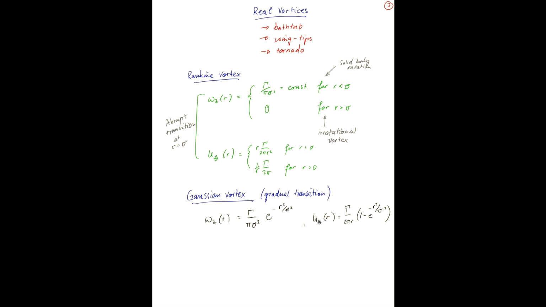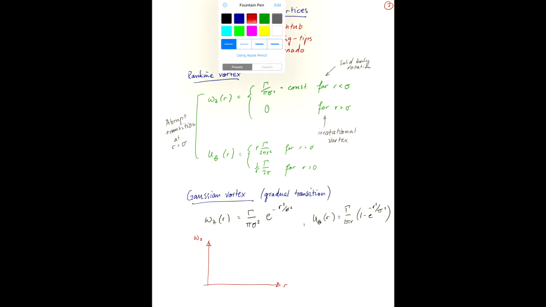And so if we draw this graphically, your vorticity omega z for the Rankine vortex as a function of r. For the Rankine vortex, the vorticity takes one value up to sigma, and then it's 0.